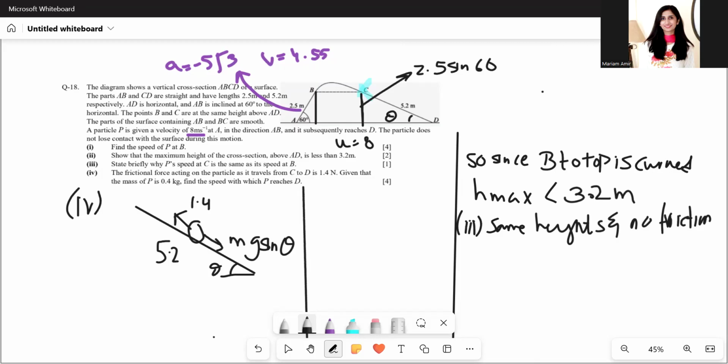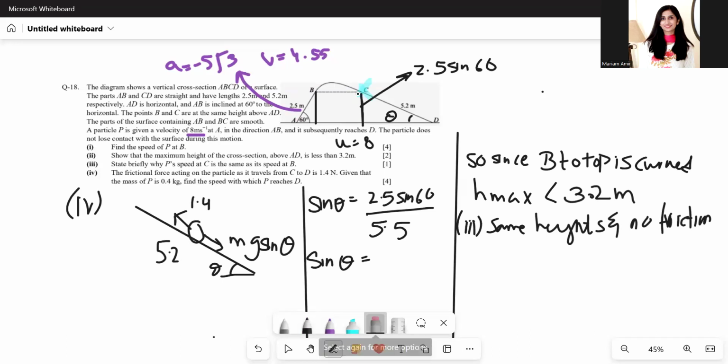Now I'm doing sine theta equals opposite over hypotenuse. So this should be the value of sine theta. Let's see what we get. 5.2, not 5.5. I'm getting 0.416358.